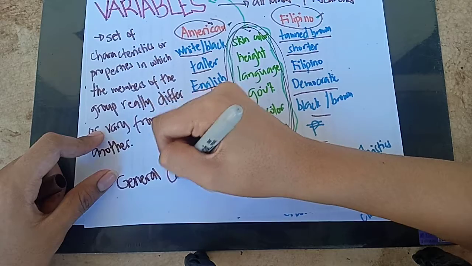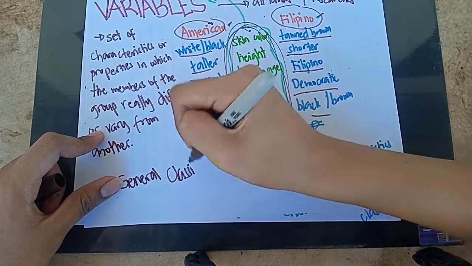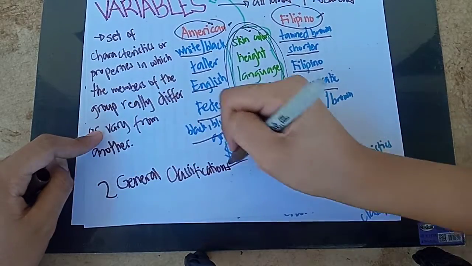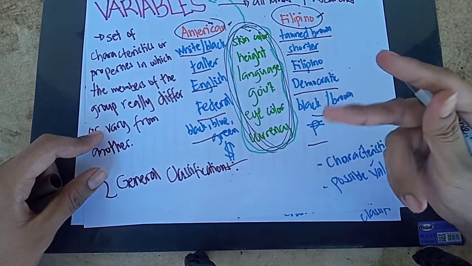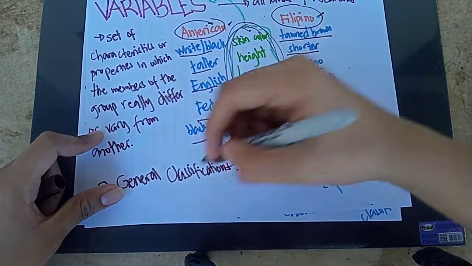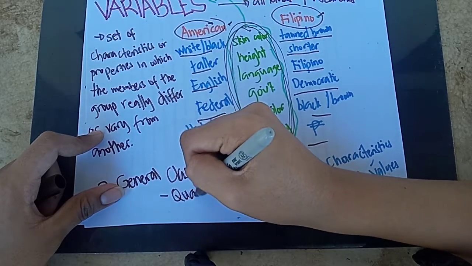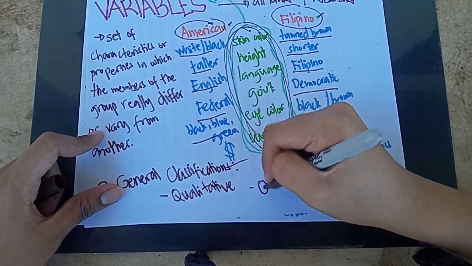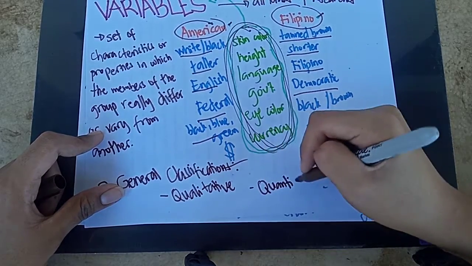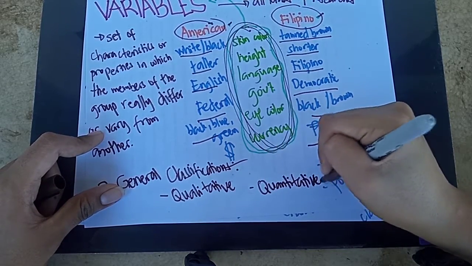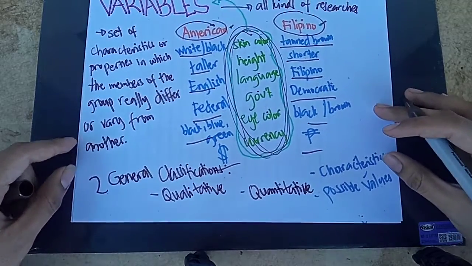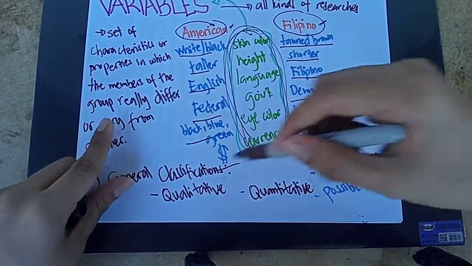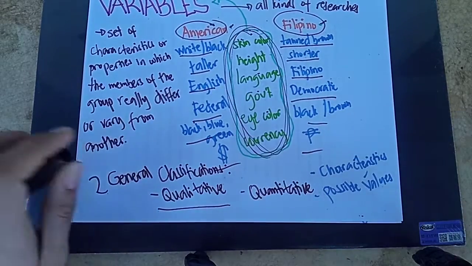So we have two general classifications of variables. And what are those two general classifications of variables? We have qualitative variables and quantitative variables. So in our next video presentation, we are now ready to discuss the two general classifications of variables, and we will start with the qualitative variables.